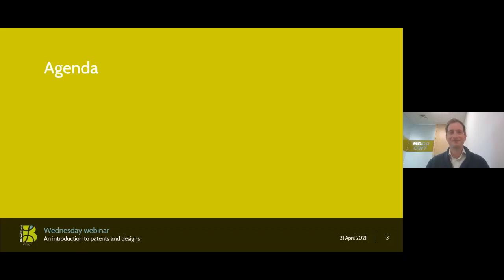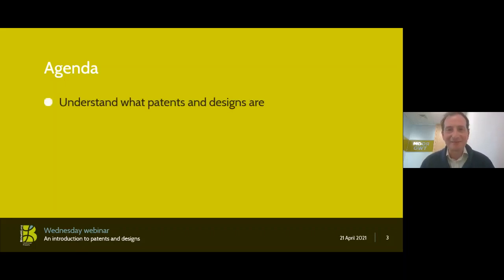So, what we're going to do today is look at some of the rules and requirements for patents and designs in order to understand what they are and how they fit with different items. You might have a particular object that you've invented or designed and we need to work out what the best protection is for that.